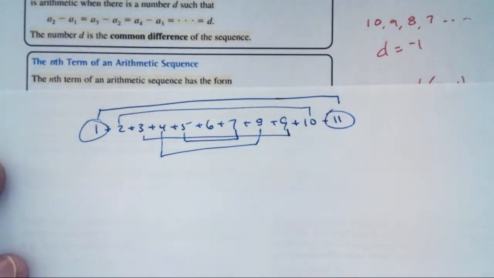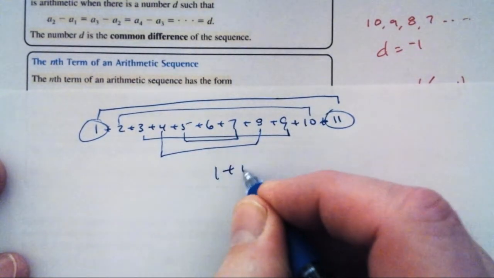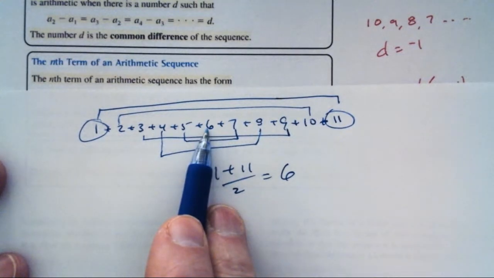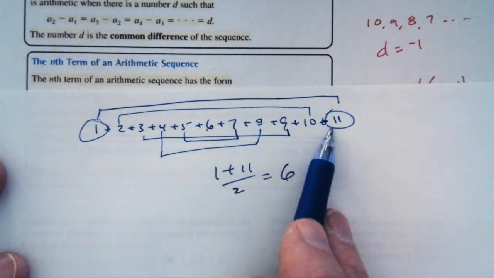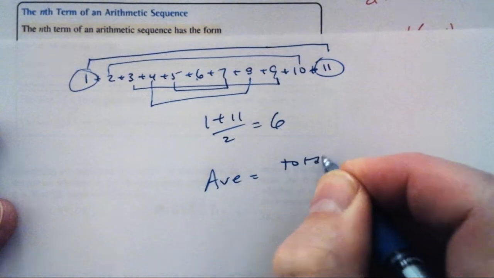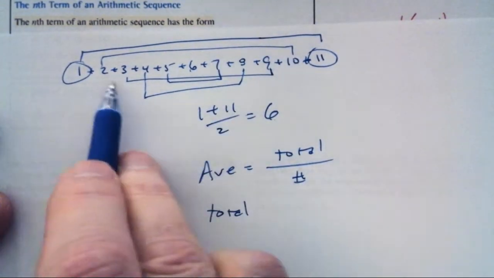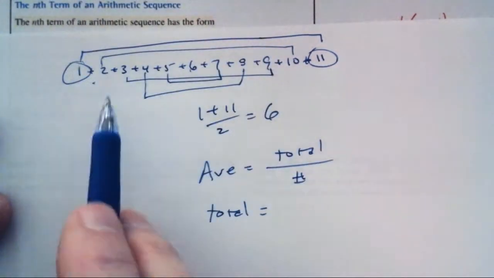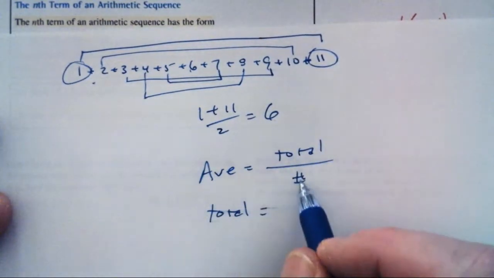But if we know the first term and the last term, and it's arithmetic, we can add those together and divide by 2, and that gives us our average. And if we know our average, the average of all 11 terms is 6. Well, what do we know about average? Average equals total divided by the number of items. So the total of this sequence, or any series, any partial sum, we can multiply across.